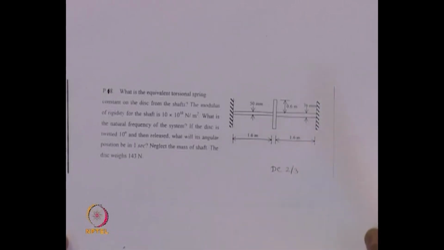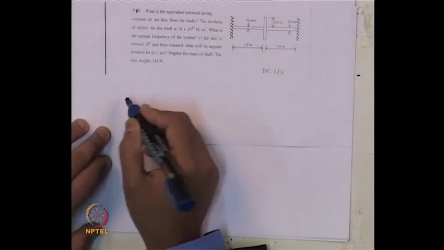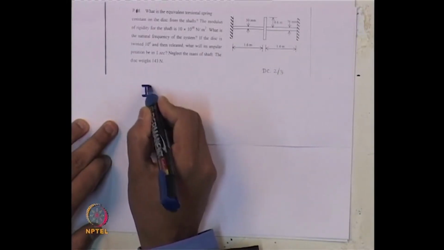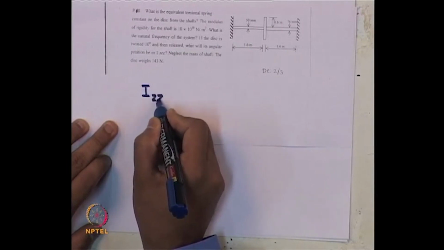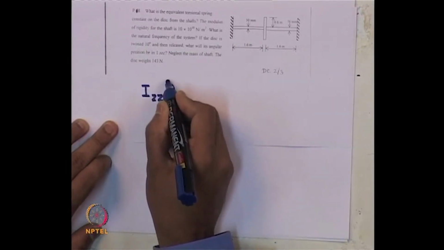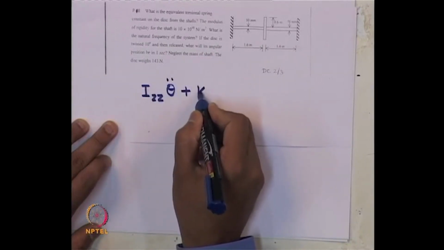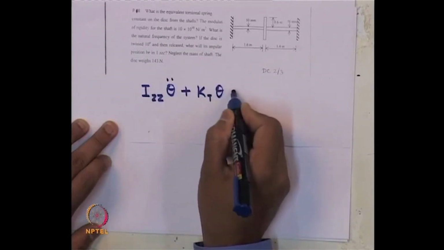So, how can we solve this problem for an undamped free vibration case? In this case, the equation of motion, as we have learned just now, is I zz theta double dot plus k t theta equals 0.